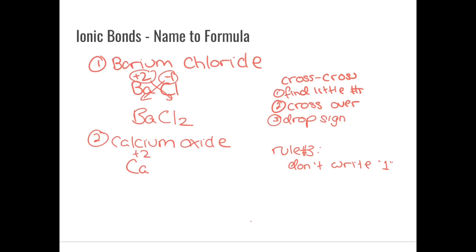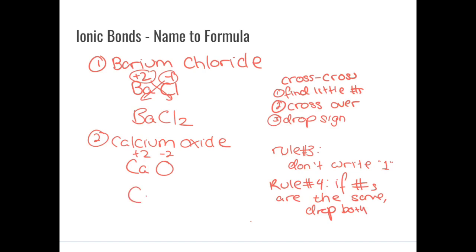And with oxide, that's the same thing as oxygen, that's going to be O. So that's going to be -2. This brings us to our next rule. The numbers are the same, drop them both. So we're just going to write CaO.